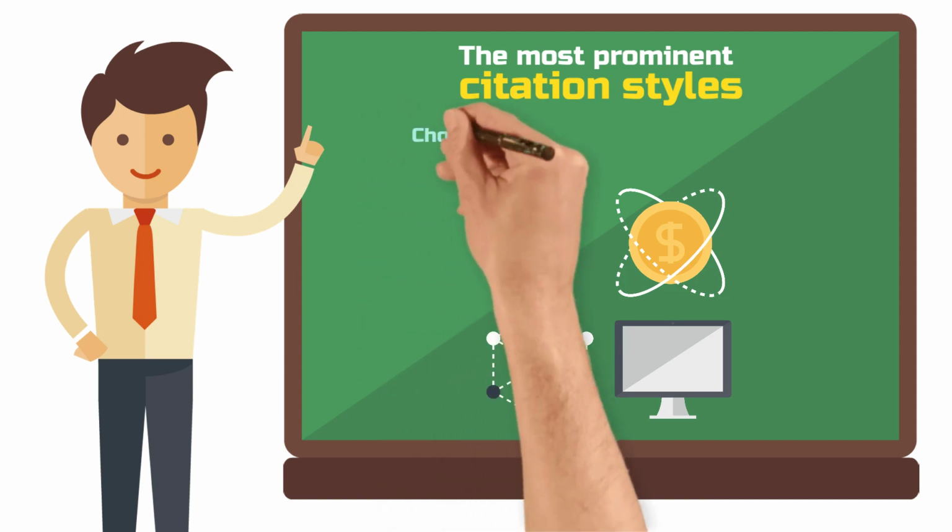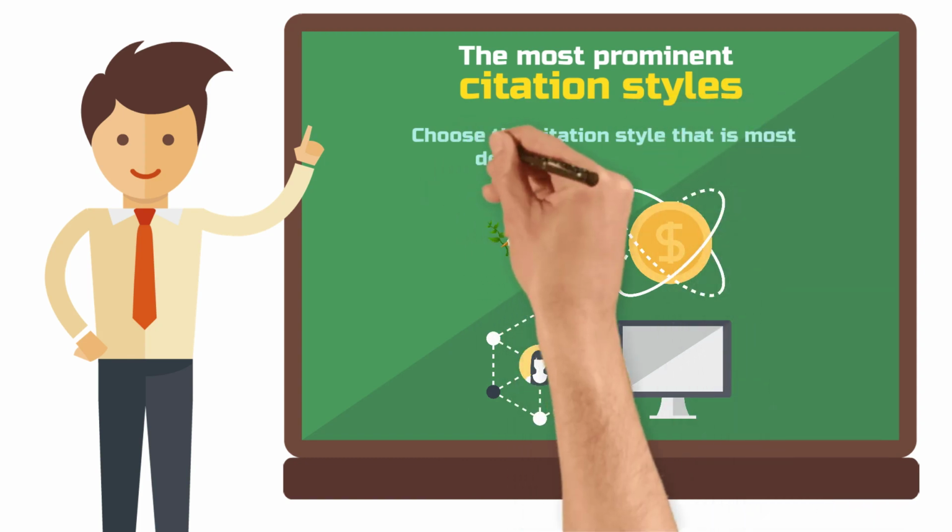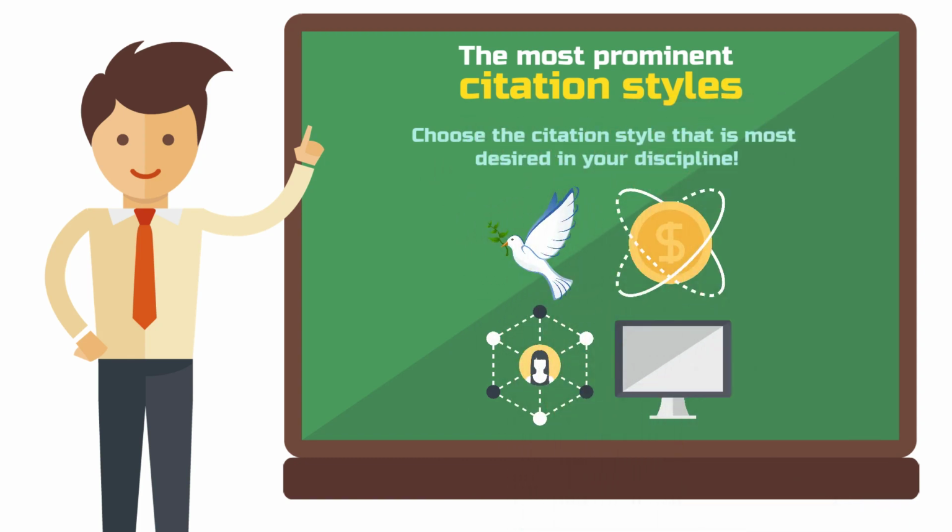Therefore, it is essential that you choose the style that is most desired in your discipline. In the humanities, the Chicago style, which uses footnotes, is often used. Social sciences tend to favor the APA style, but business administration scholars have their own preferences and like the Harvard style. But this is not a general rule.